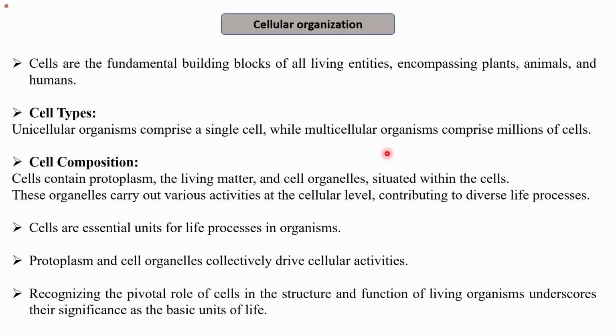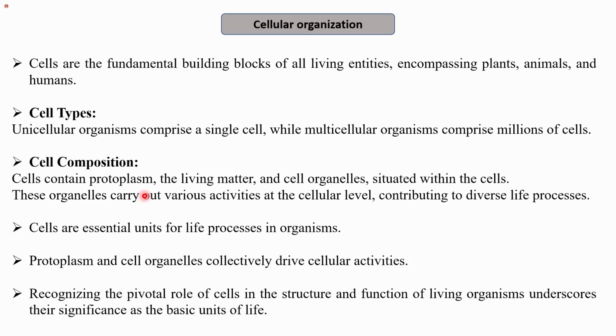Now, the cell itself consists of many components, and these are organized within the cell. So, the cell contains protoplasm, which is the living matter, and cell organelles, which are situated within the cells. And these organelles carry out various activities at the cellular level, contributing to the diverse life processes.